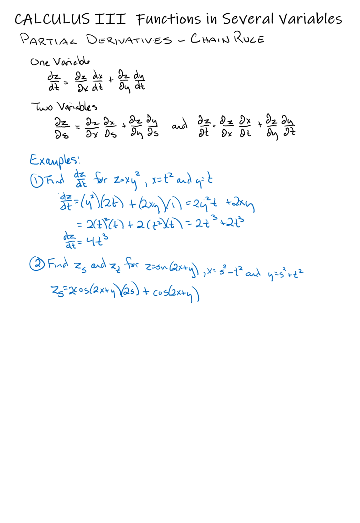Well, you could say I'm going to multiply that by 1, but not necessary. And then the partial of y with respect to s. So that gives us times 2s.